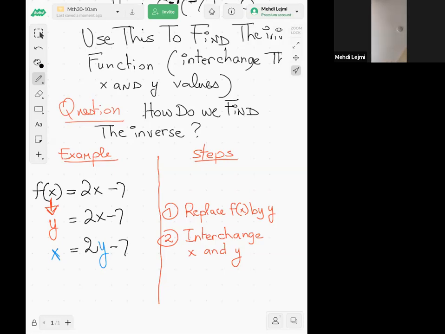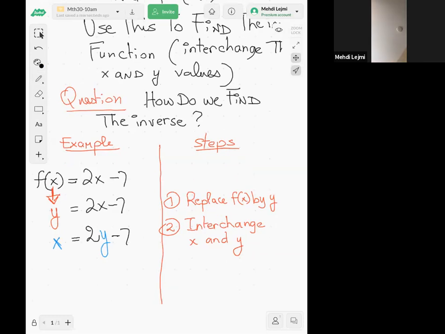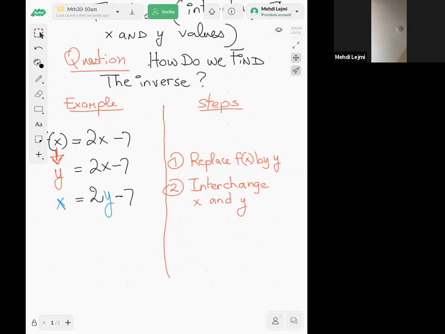So we interchange x and y, and then the last step is to solve for y. So let's solve for y. We have x equals 2y minus 7.